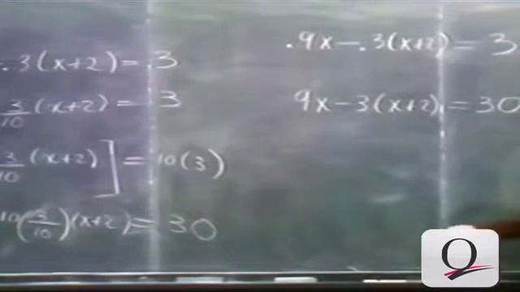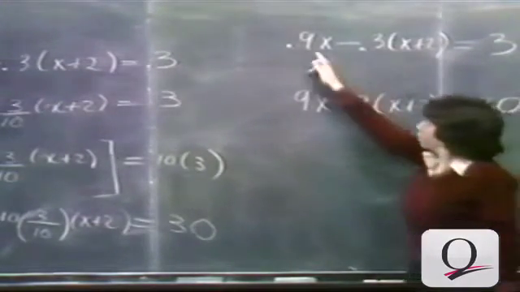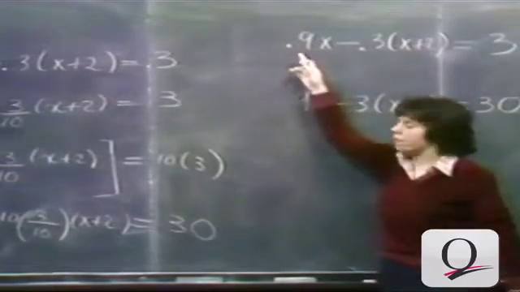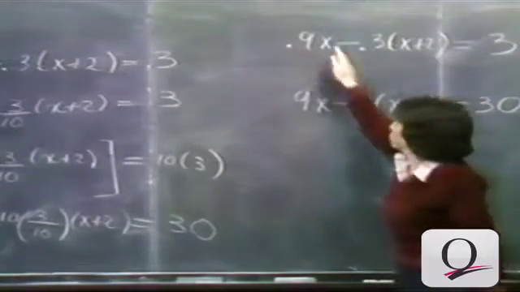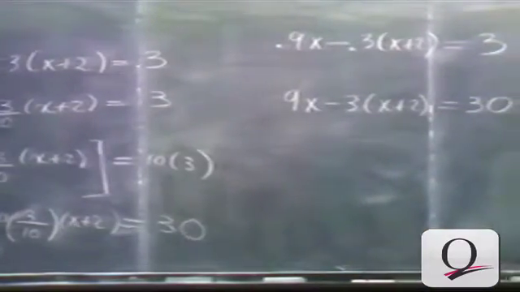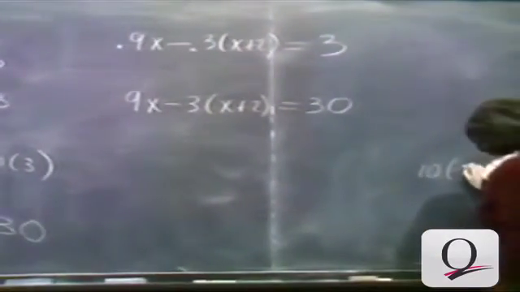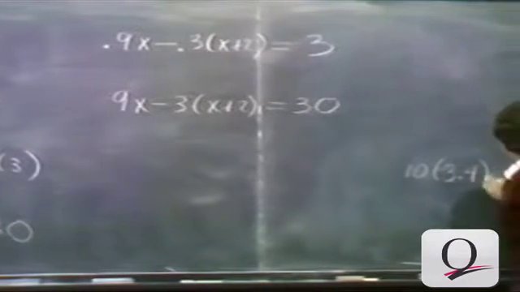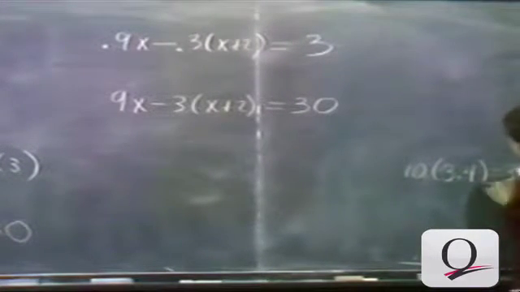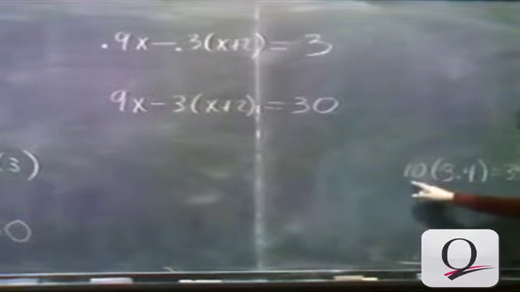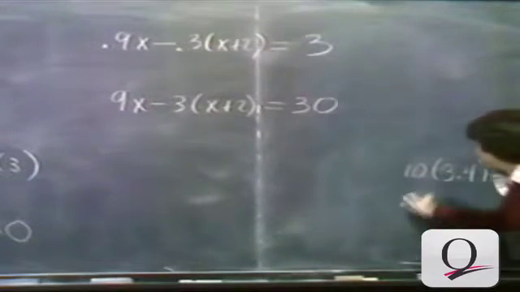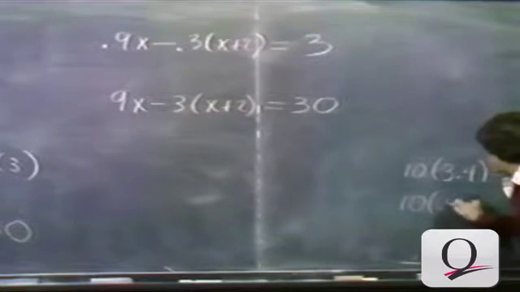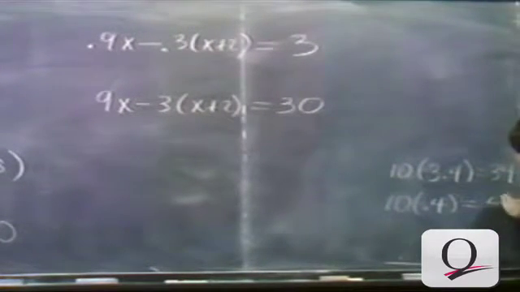If you remember, when you multiply a number by 10, it has the effect of moving the decimal point one place to the right. For example, 10 times 3.4 gives you 34. 10 times 0.4 would give you 4.